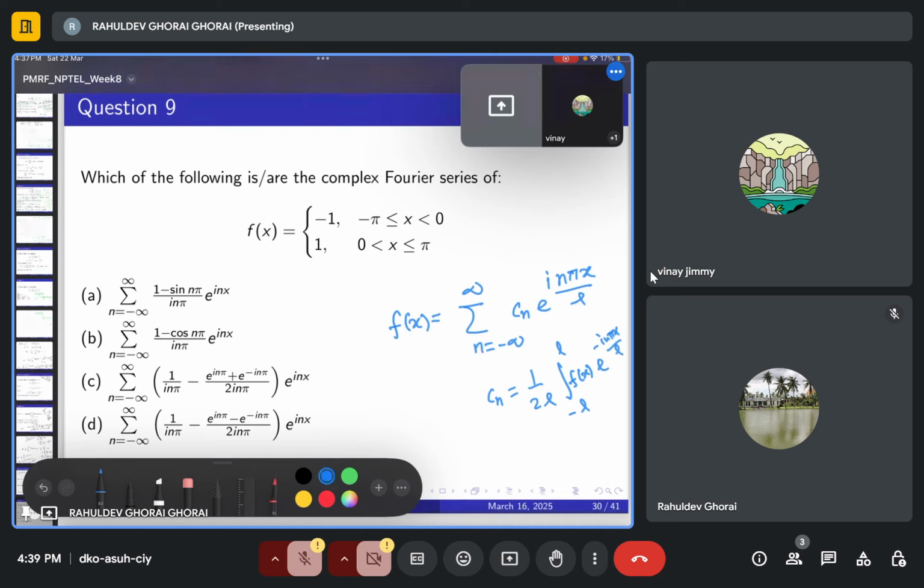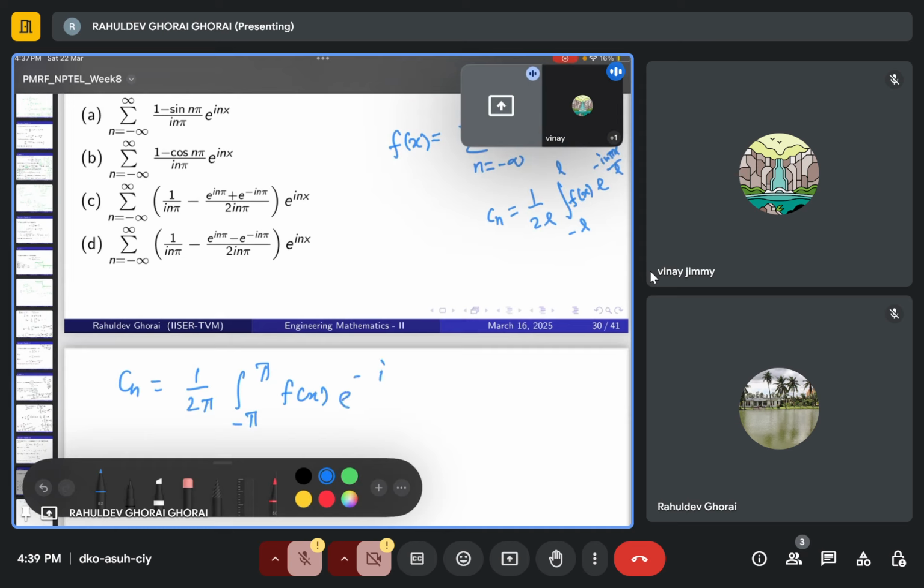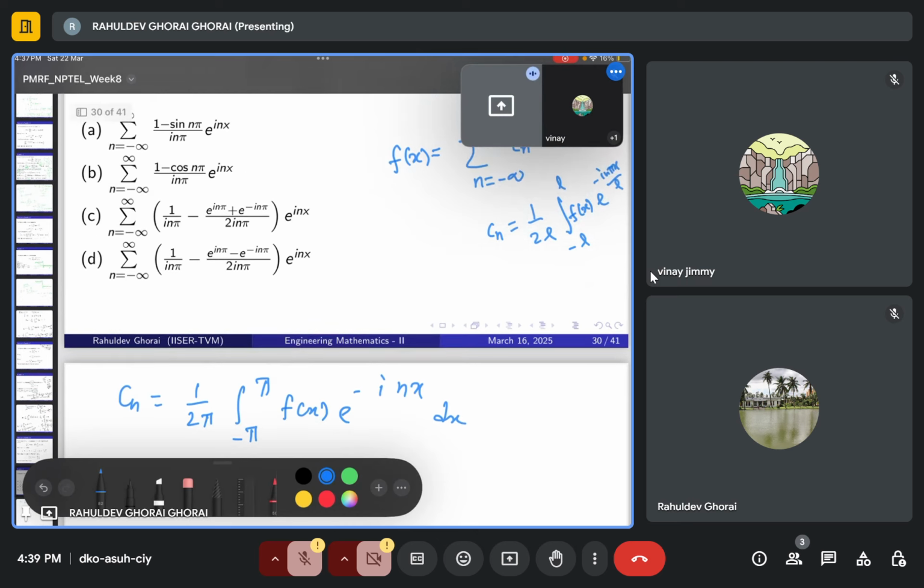So you have used this Cn equal to 1 over 2L, in this case it is minus pi to pi f(x) e to the power minus i n x dx. Did you use this? You have to use this, right?